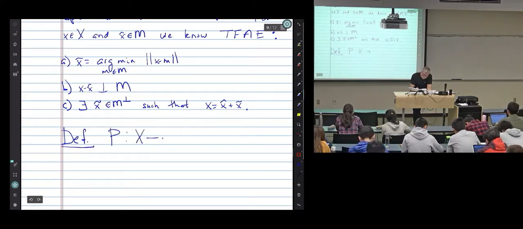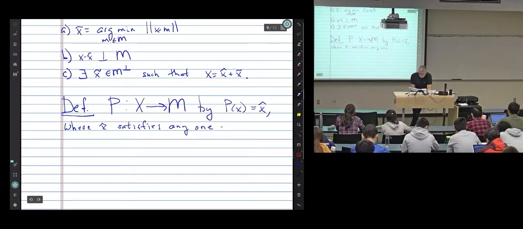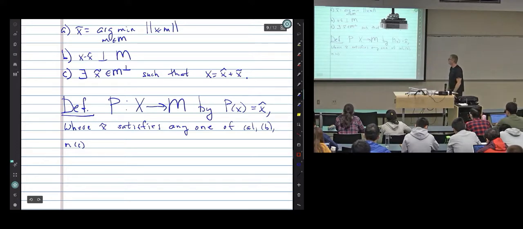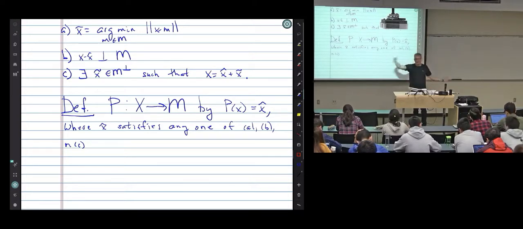P takes X to M by P of x equals x hat, where x hat satisfies any one of A, B, or C. Now, since they're all equivalent, it means if it satisfies any one, it satisfies all of them, okay?